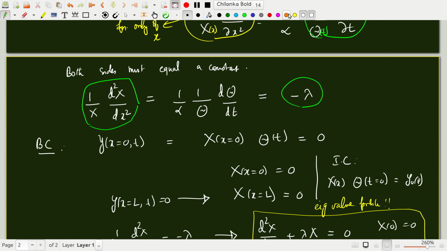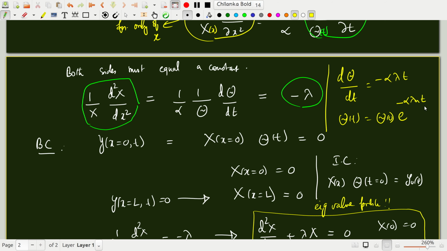If you solve for theta of t here, you will find that d theta by dt is minus alpha lambda theta. Lambda is n squared pi squared by L squared, so theta of t is theta of 0 times e to the minus alpha lambda n t.